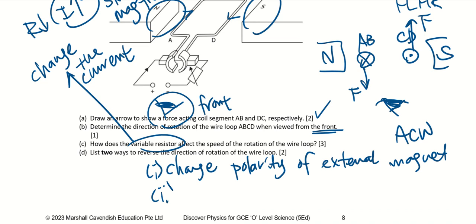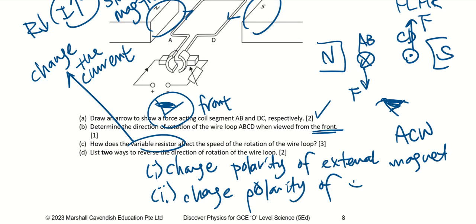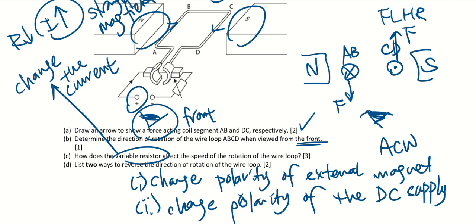Or I can change the polarity of the DC supply. Usually now it's plus on the left, minus on the right. Now I can do minus on the left, plus on the right. But we cannot change both at the same time. Only change one because I want to change the direction of rotation.